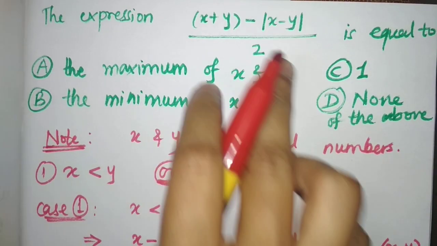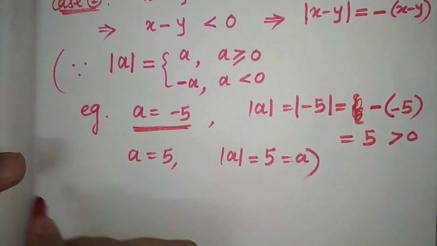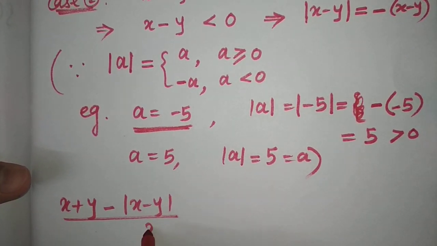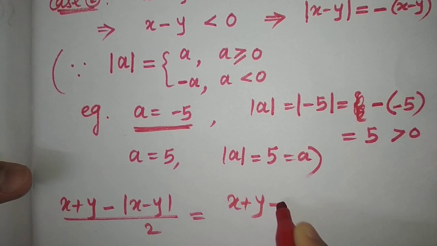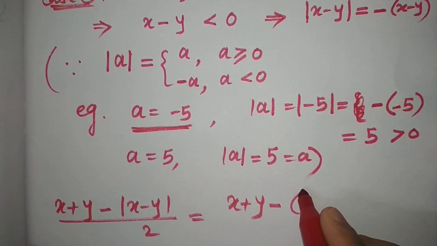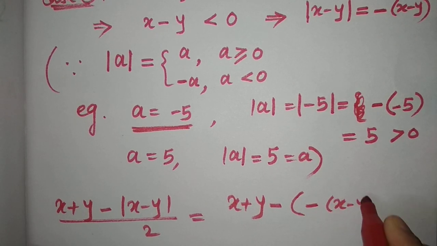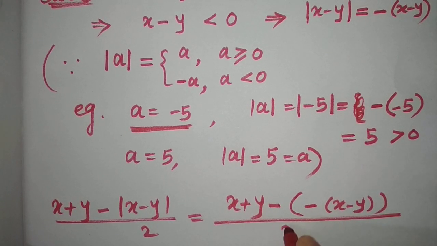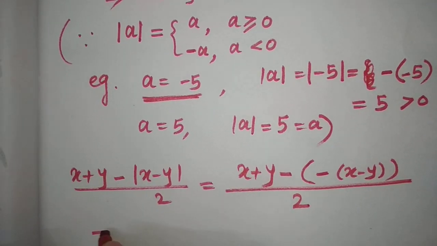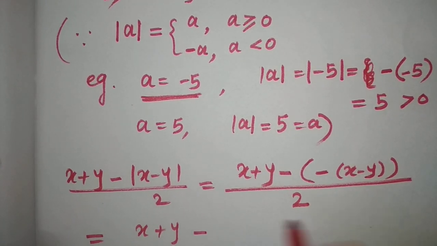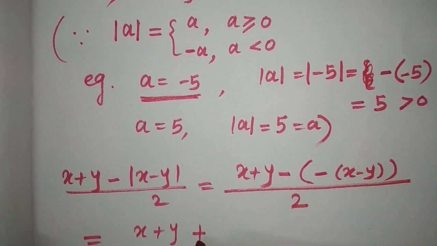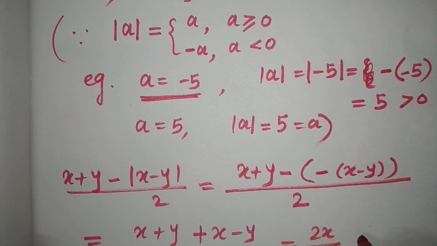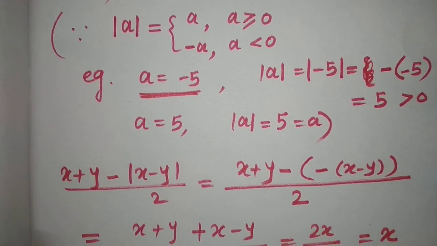The above expression (x + y − |x − y|)/2 is equal to (x + y − (−(x − y)))/2, because the modulus of x − y is −(x − y). Now simplify it: this minus minus becomes plus, so we get (x + y + x − y)/2, which is 2x upon 2, just x.